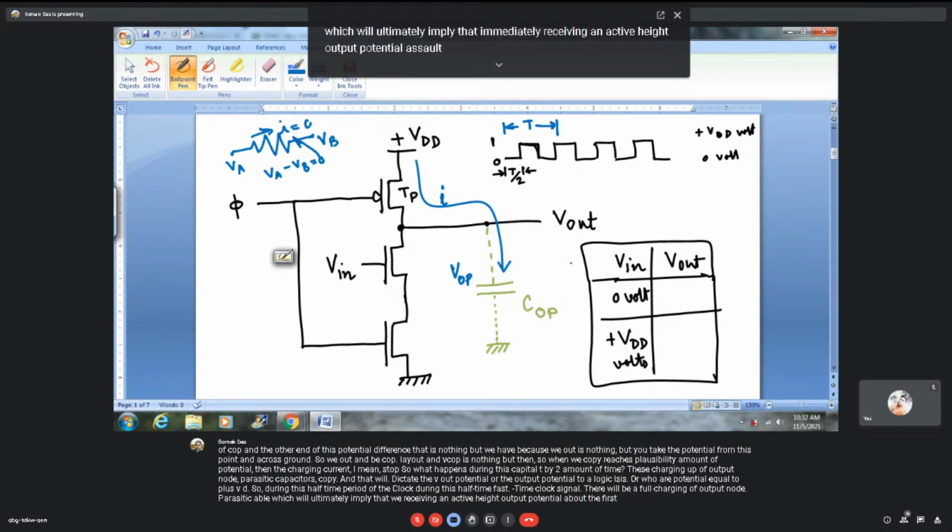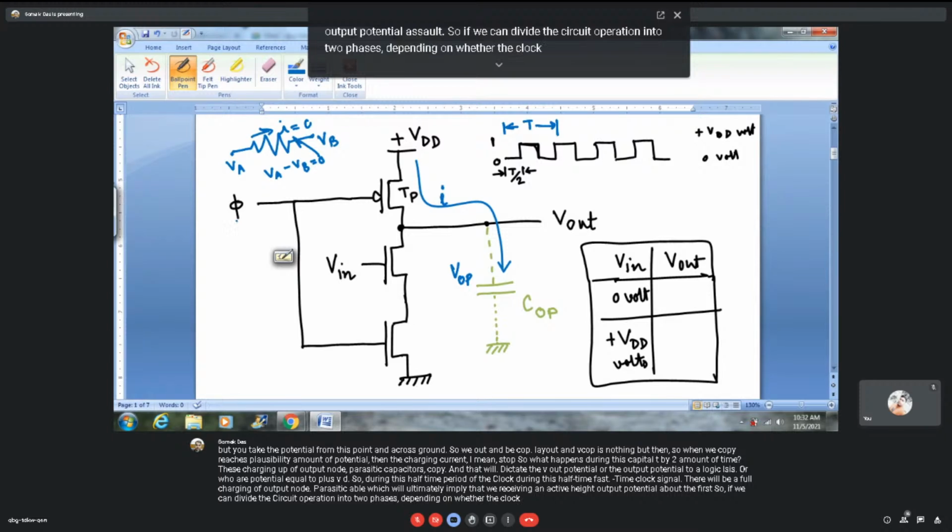So we can divide the circuit operation into two phases, depending on whether the clock signal is in a low state or in a high state.